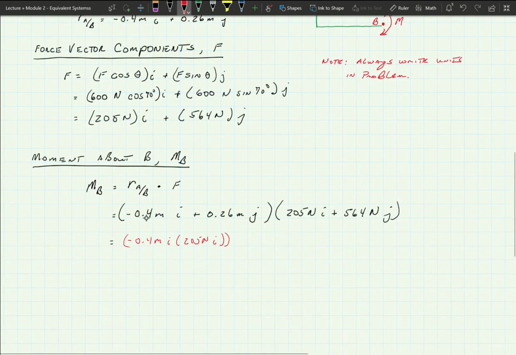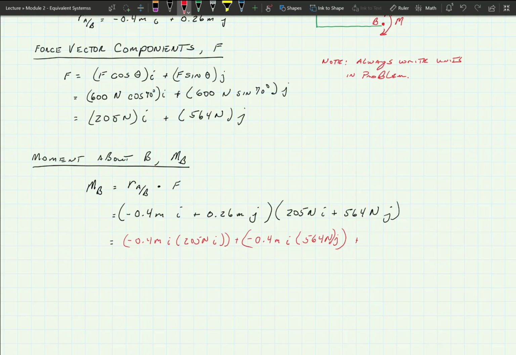Then I'm going to go over, so negative 0.4 meters times, oh, and don't forget the I. Nope, that's a J. I times 564 newtons times J. Lump that together.